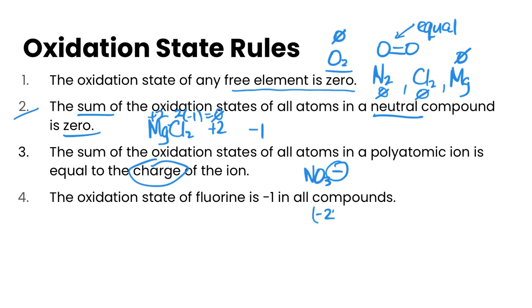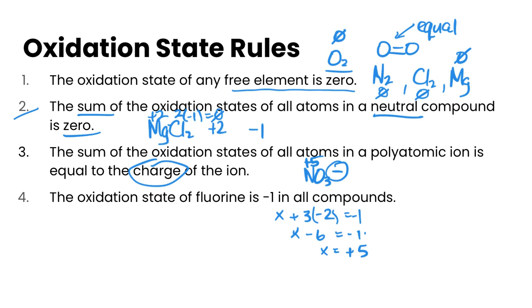And since we have 3 of them, and we know this is going to equal -1, and nitrogen, we don't know what that is. If we take a look at it, we have 6 minus 1, so that would give us a +5 oxidation state. Okay, so +5 plus 3 times -2 is going to equal -1.